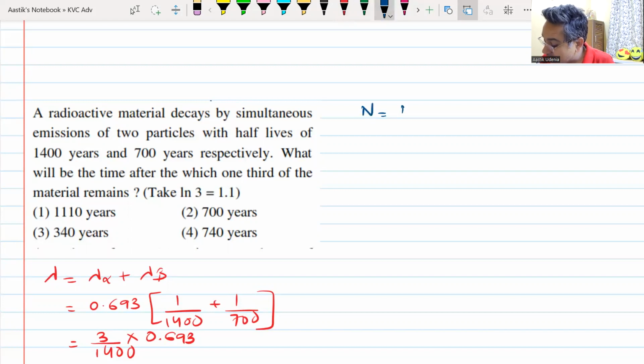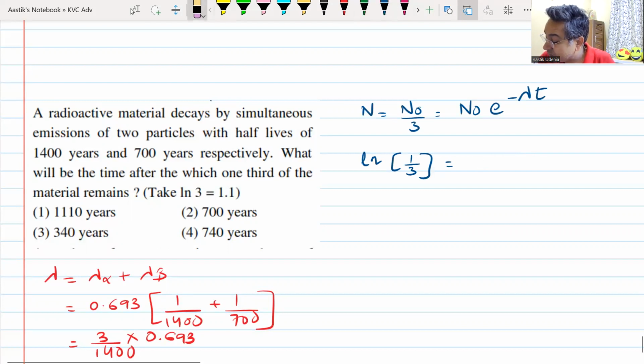So N, which is equal to N naught by 3, should be equal to N naught e to the power minus lambda t. If I take ln, I will get ln of 1 by 3 will be equal to minus lambda t, as N naught will go away.